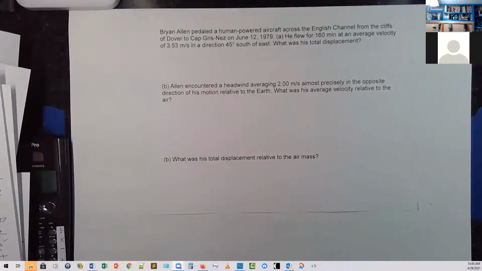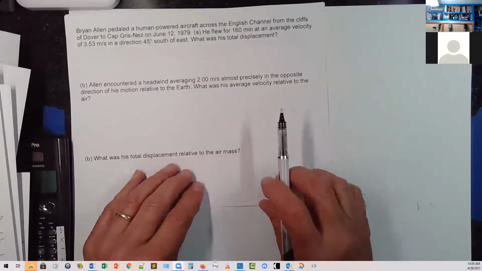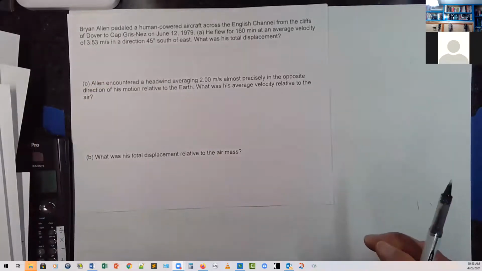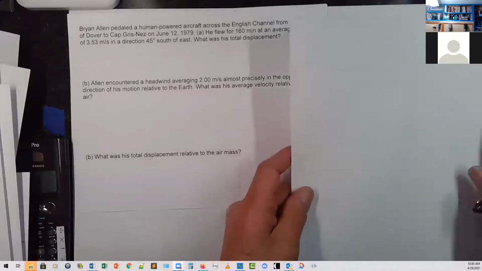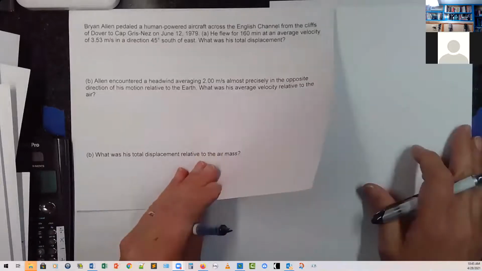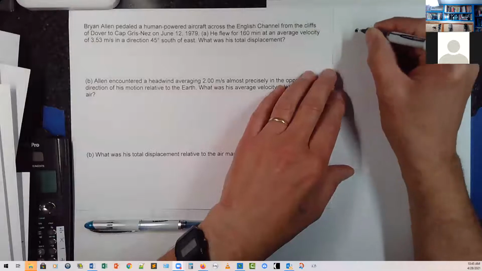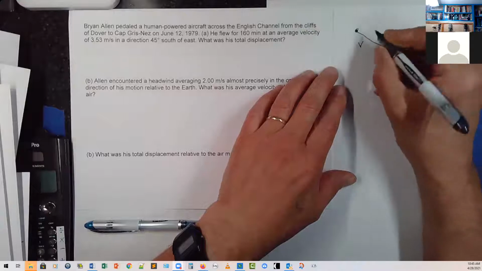Anyway, he flew for 160 minutes at an average velocity of 3.53 meters per second in a direction 45 degrees south of east. Now, this would be his velocity with respect to the Earth. And so that's what we'll need to think about here. Now, let's see, I'll sneak this under here so I don't write it. If I just make a sketch of what he was doing, here's his velocity.